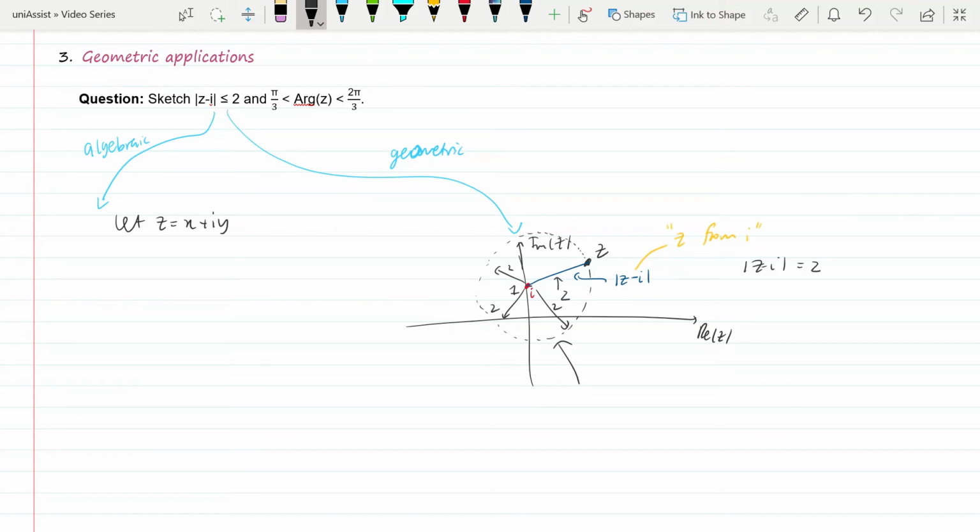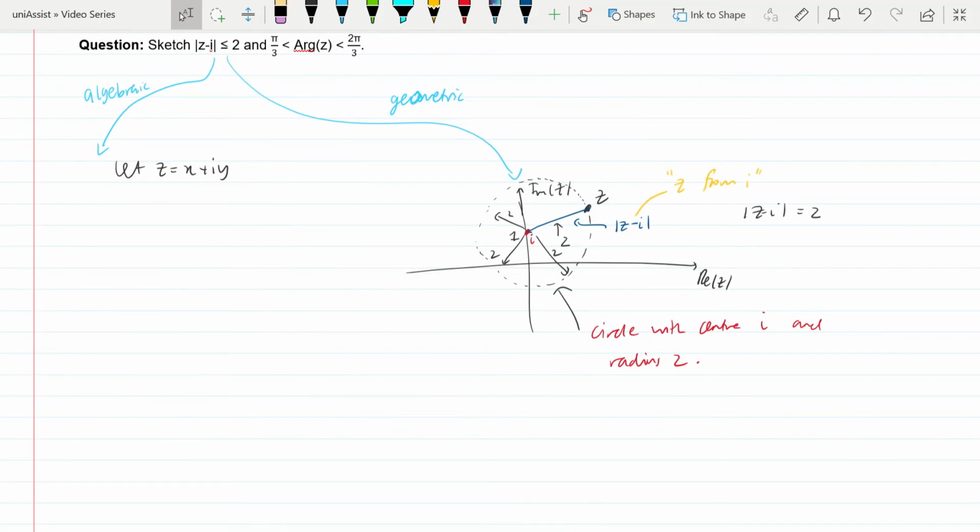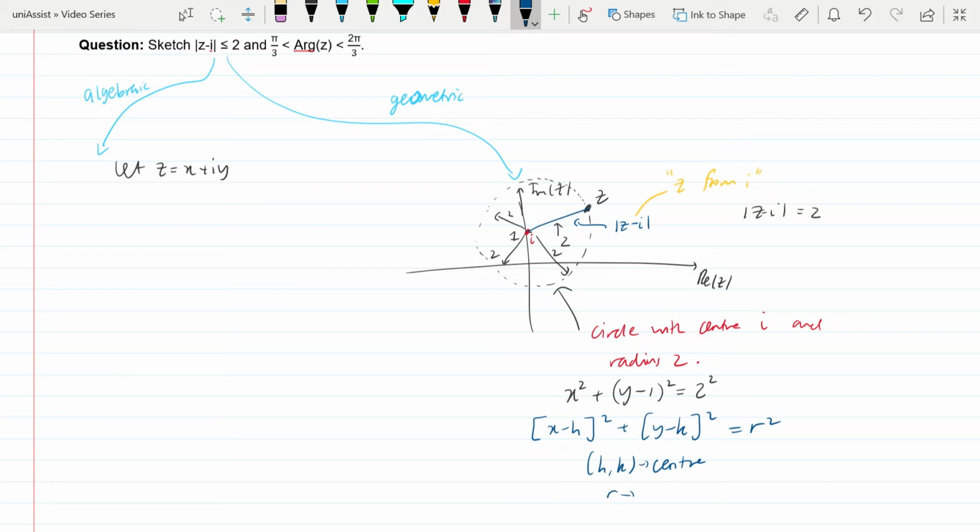So you end up with a circle with center i and radius 2. So if I was to give this an equation, I would get something like x squared plus (y minus 1) squared equals 2 squared. Knowing that in the Cartesian form, my generic form of a circle is (x minus h) squared plus (y minus k) squared equals r squared, where (h, k) is my center and r is my radius.